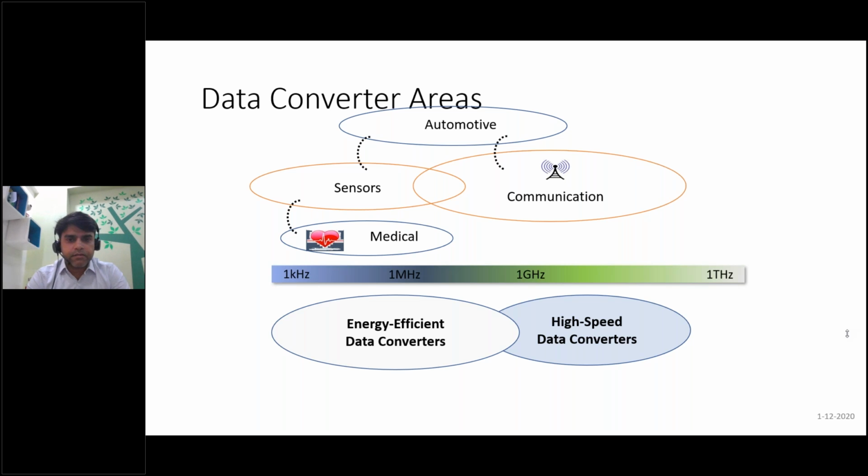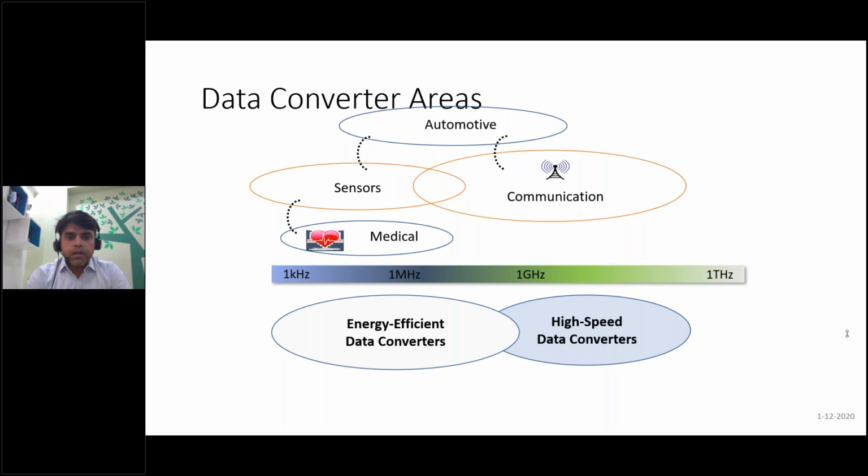There was a time when we never heard of it, but nowadays 10 gigahertz data rate converters are also there, and even at a lower number of bits, faster data converters are there.